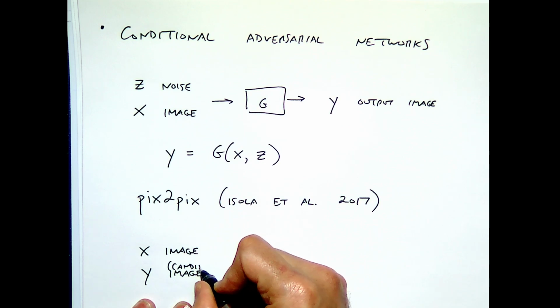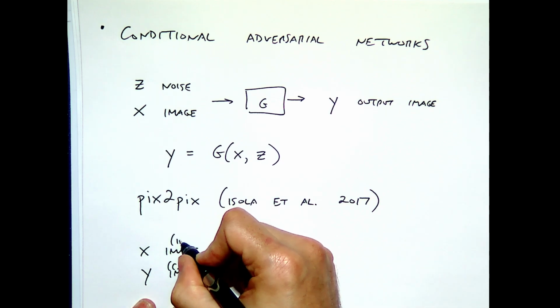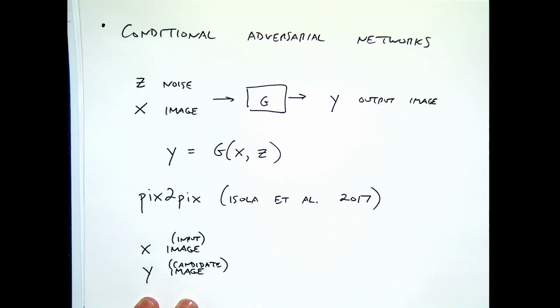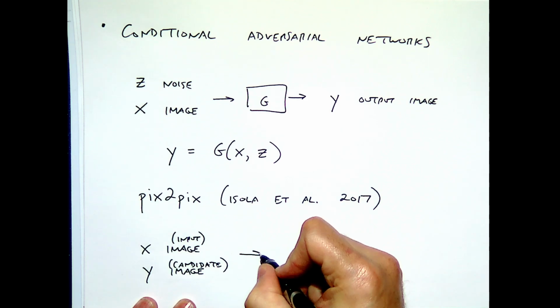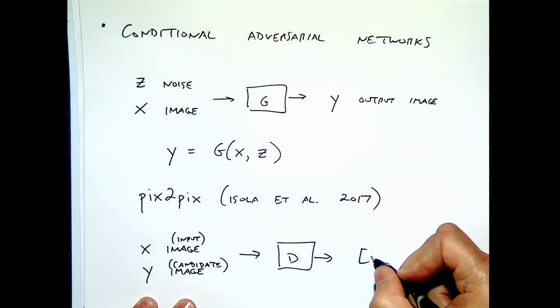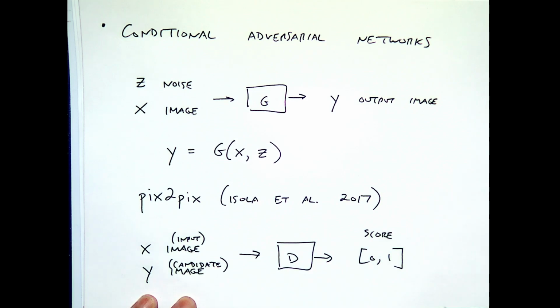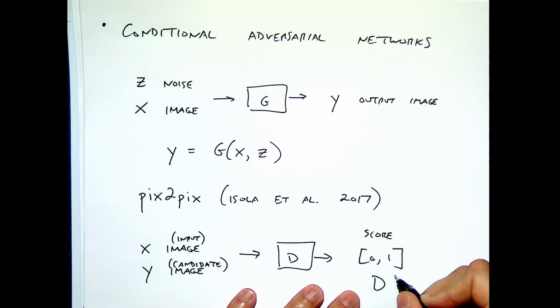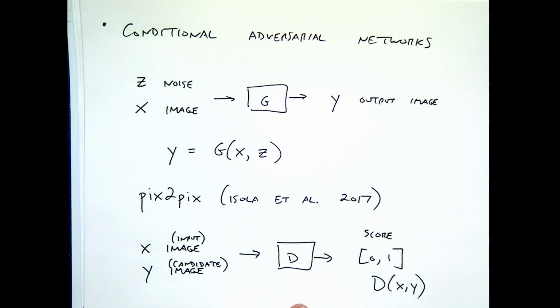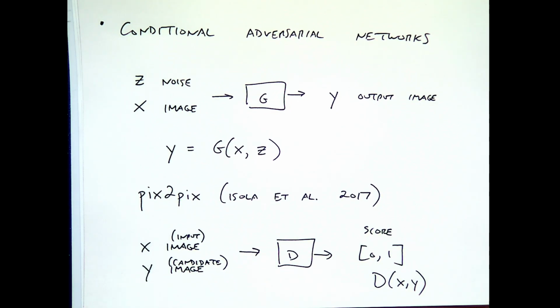Sometimes I'm going to call it a candidate image, and X is my input image, just to be clear. And these go through a discriminator, and the discriminator basically gives it a score in 0 to 1. So again, I think about this like a score that is based on both X and Y. So the way to interpret this is like saying, well, how harmonious are X and Y together as a pair, okay?